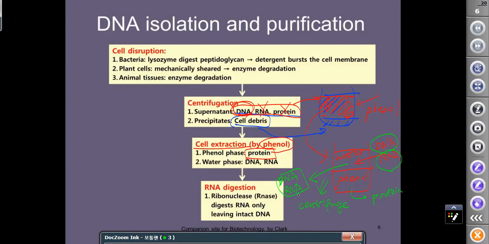Then what can you do now? Now you have to remove RNA only. Then you can get purified DNA. How do you remove RNA? You have to digest it. How? By applying some enzyme that can digest it, right? The enzyme named RNase, the full name is ribonuclease, can digest RNA.